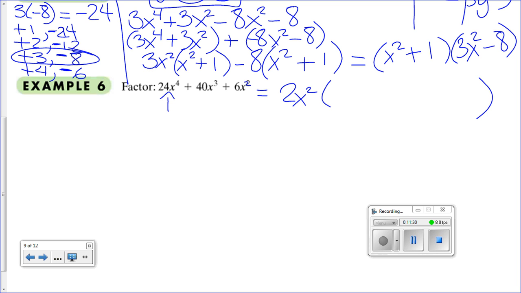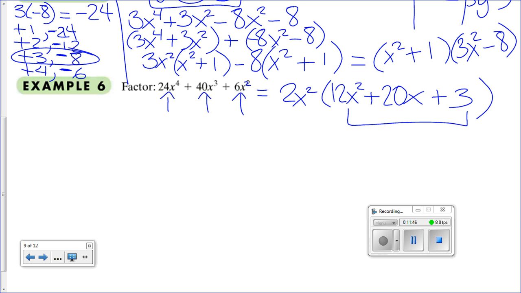From here, it will be 12x squared. From here, it will be 20x. And from here, it will be plus 3. Now, we're going to do the same idea here and here. So we get the product of 12 times 3, that is 36.